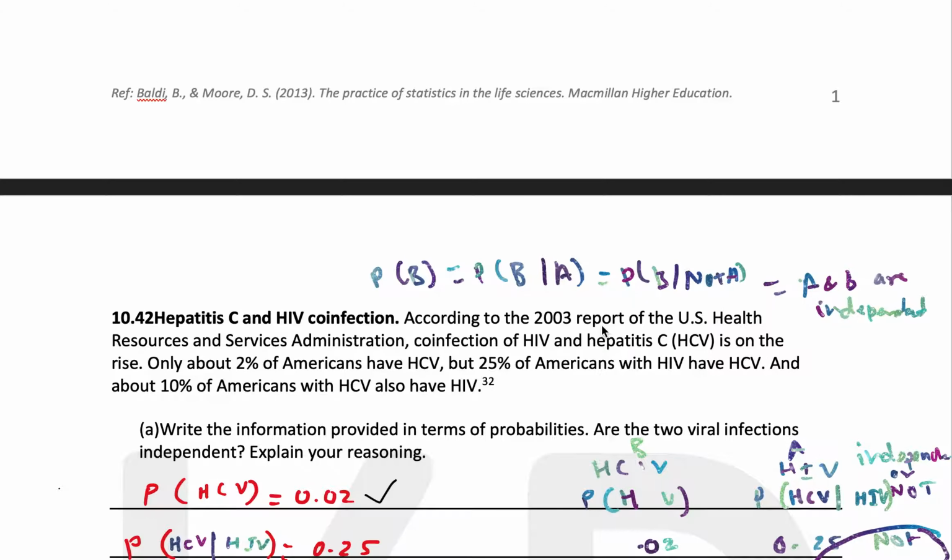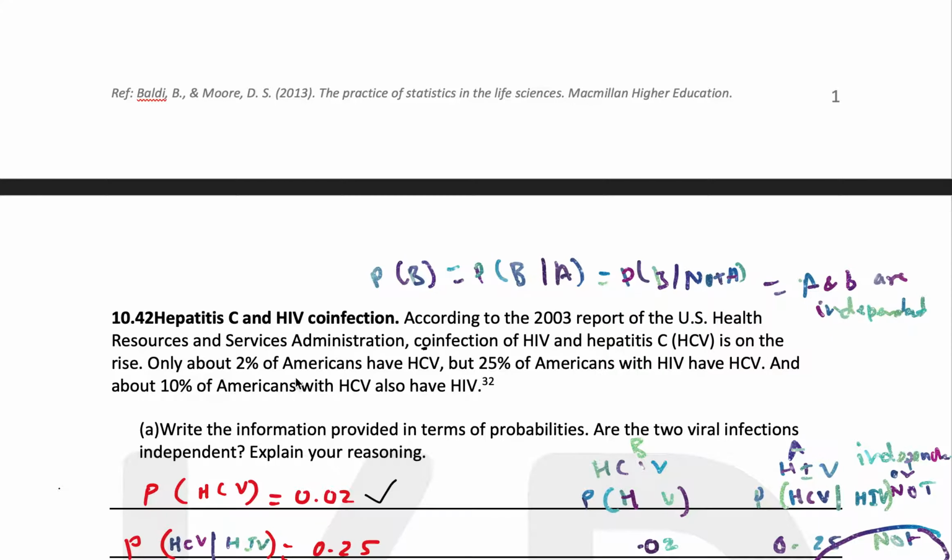According to a 2003 report of the US Health Resources and Service Administration, co-infection of HIV, so we are talking about two infections occurring together, that's why co-infection, co-infection of HIV and hepatitis C, that is HCV, is on the rise.